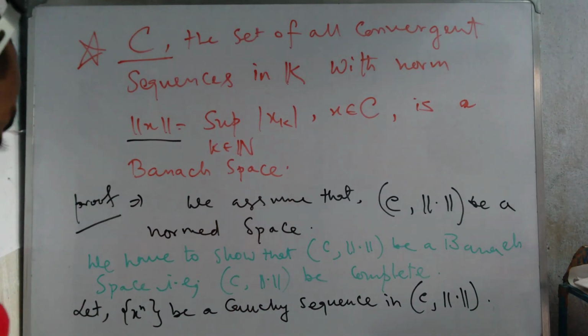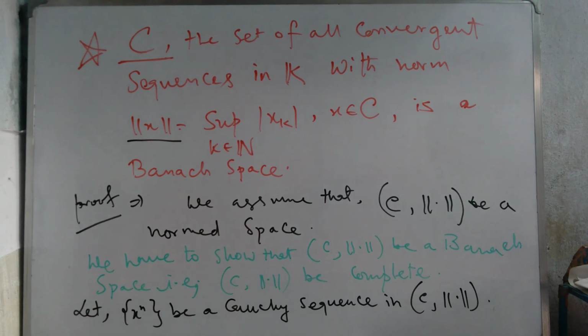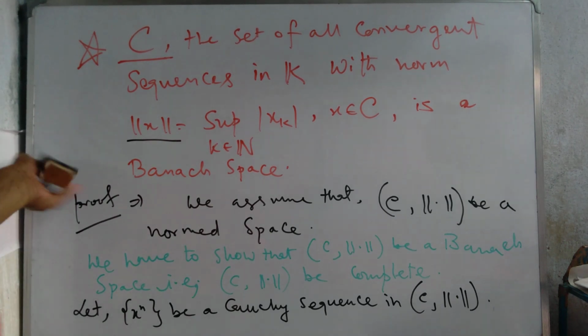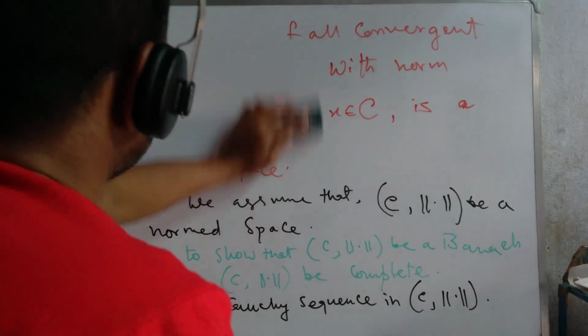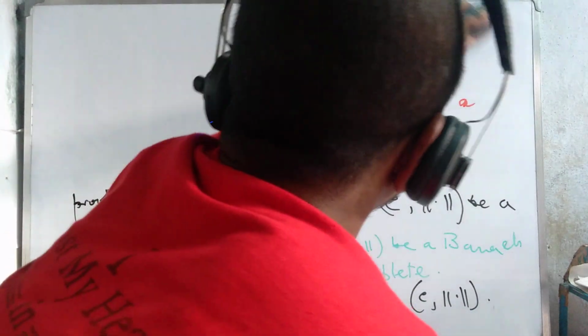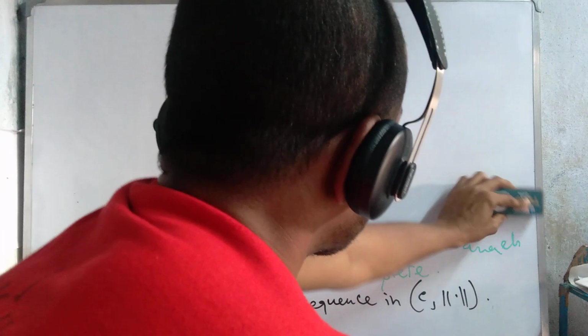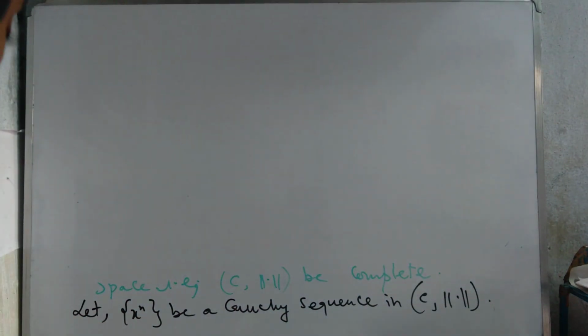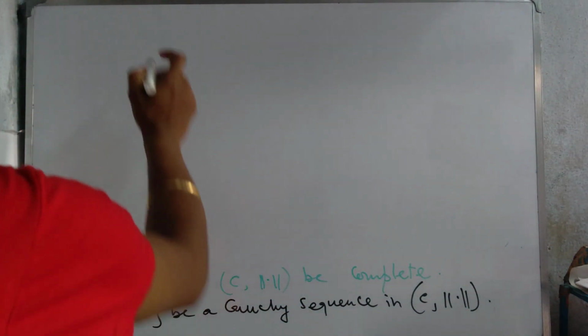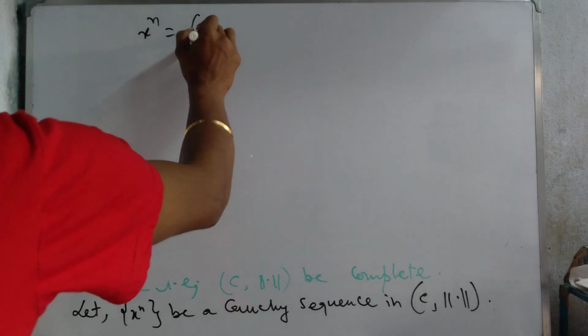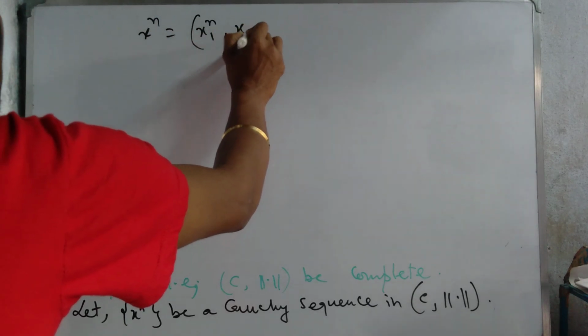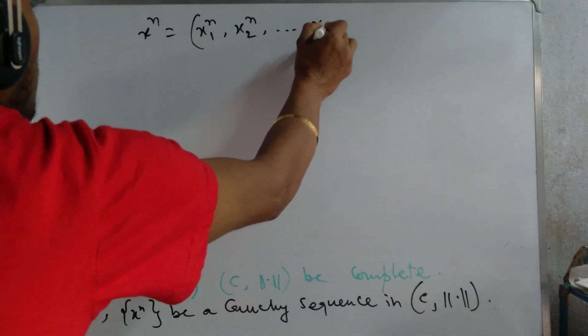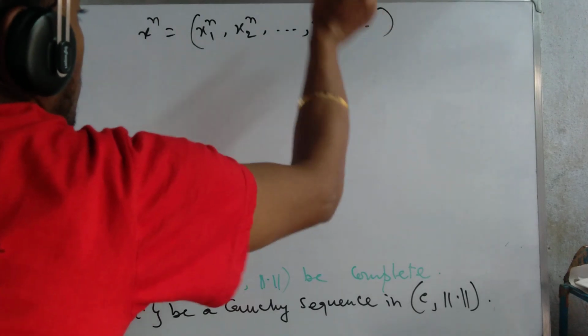Then which structure does this xn carry? First we write this one: x1 to the power n, x2 to the power n, dot dot dot, xk to the power n, dot dot dot.